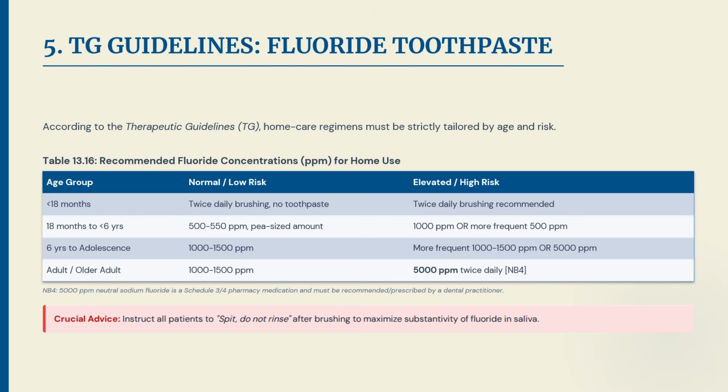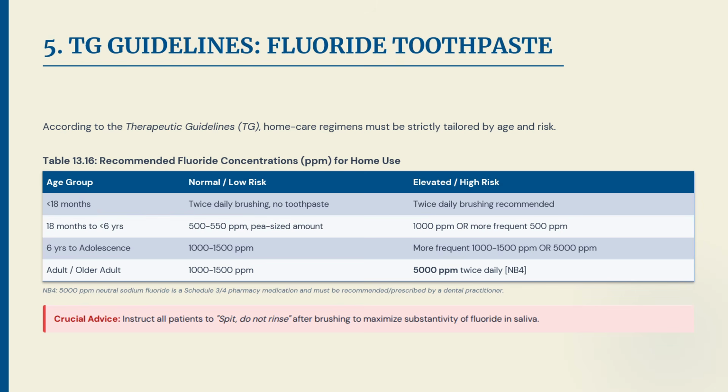Now, from 6 years to adolescents, you can use 1000 to 1500, and even adult as well, 1000 to 1500. But the only difference is if you identify the 6 years to adolescent age people to be at high risk, you can recommend them more frequent use of 1000 to 1500 ppm paste or a 5000 ppm toothpaste.